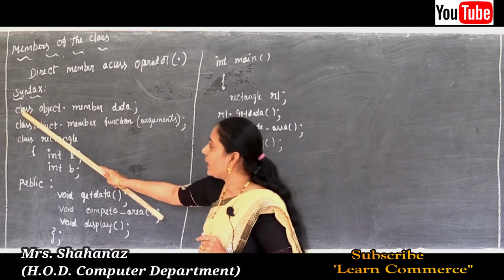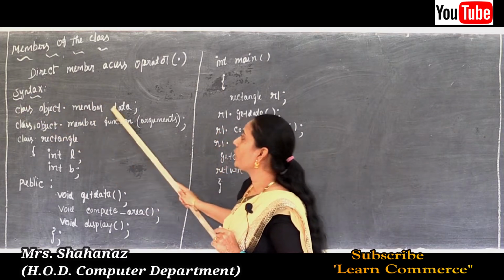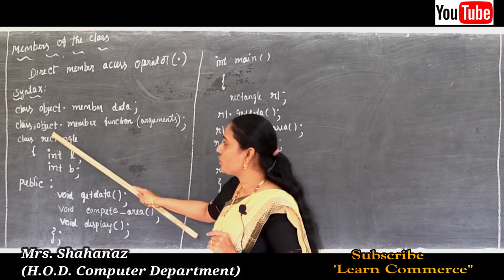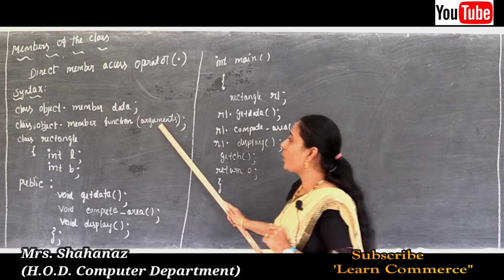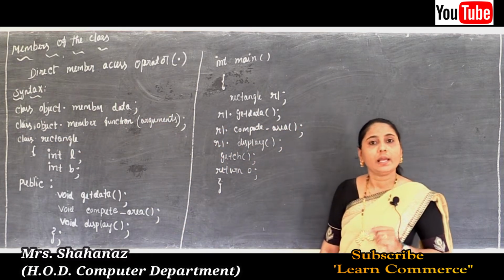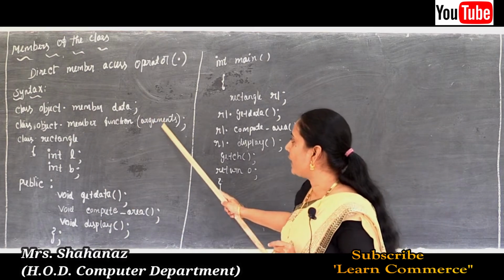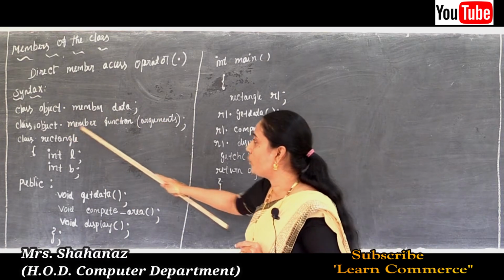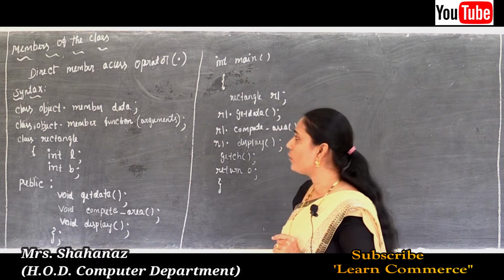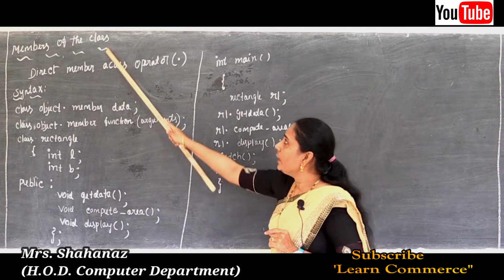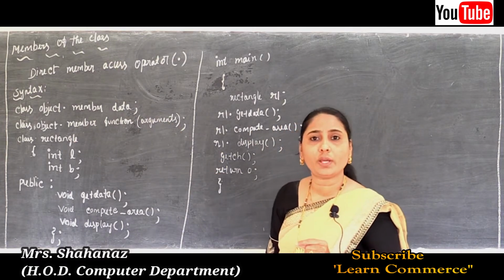So the syntax is: class object dot member data, class object dot member function, or if any arguments are there in the function, we write the arguments in class object dot member function. I think the members of the class are now clear to everyone.